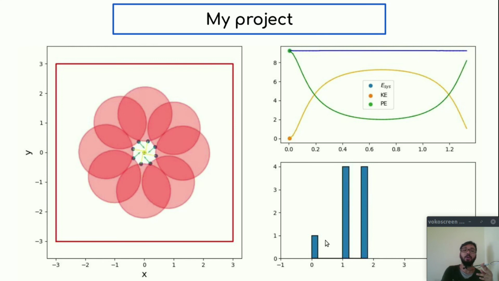If you have a very high number of particles, let us say 10,000 particles, you will have a distribution of velocity, and in that case you can fit a Maxwell curve to this distribution and find out the temperature associated with this system. So this is a cool thing you can do with molecular dynamics and multi-particle systems, and study the physics behind them.